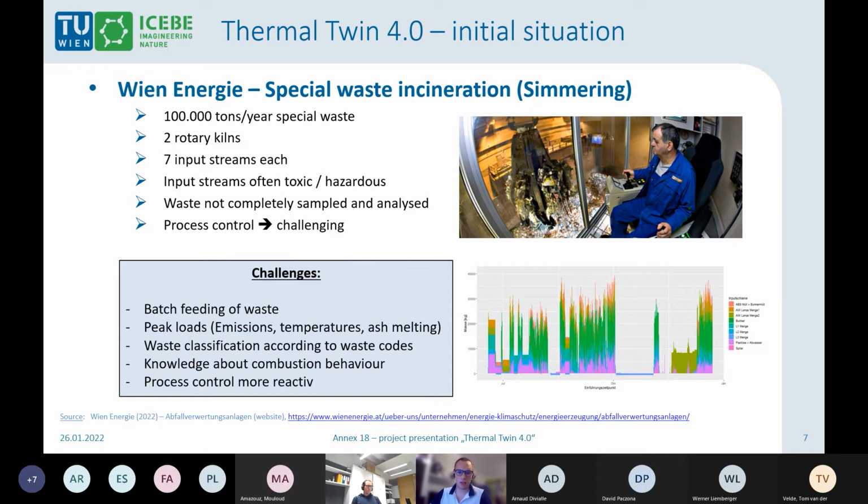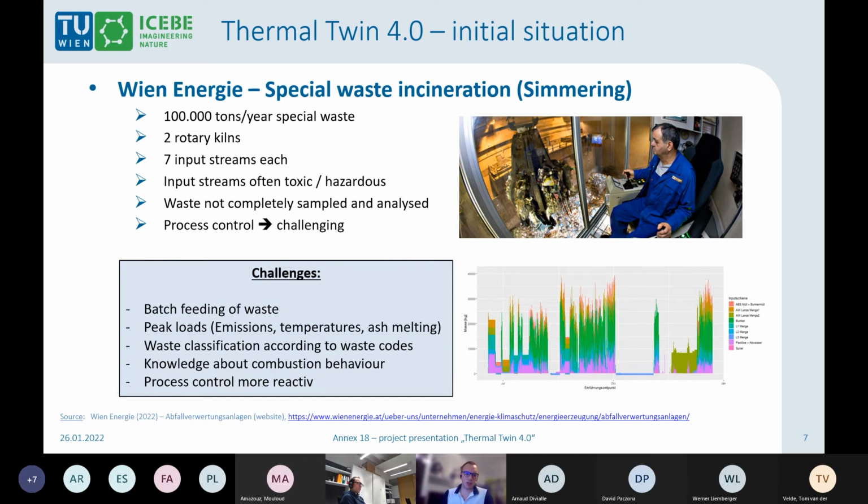The colors are indicators for these different input streams, and it should only show you that there is a really different input mass flow over time which the plant has to deal with. With this batch feeding, peak loads come up in emissions, temperatures, and ash melting, which often leads to downtimes and so on.